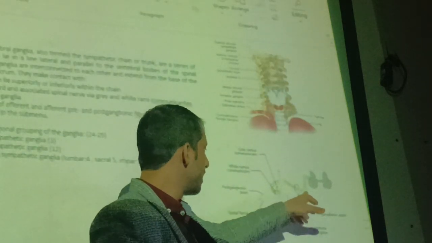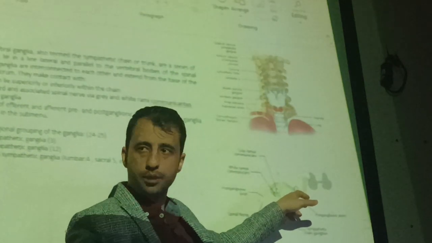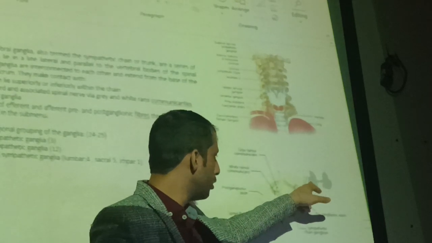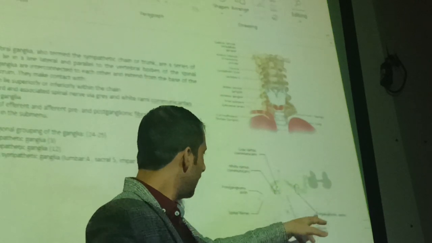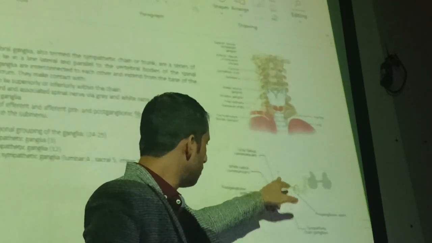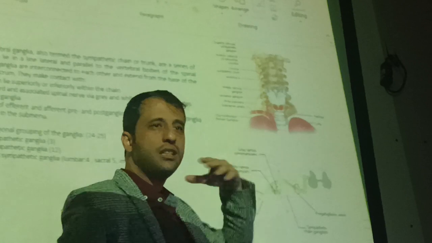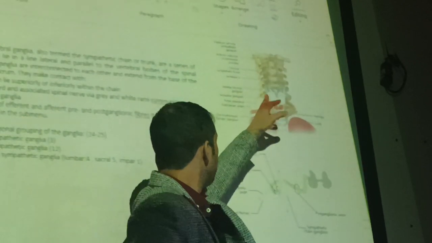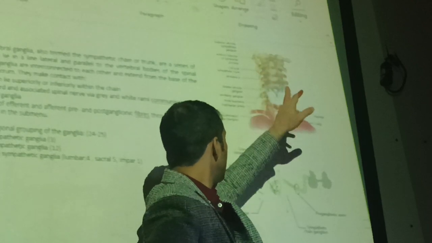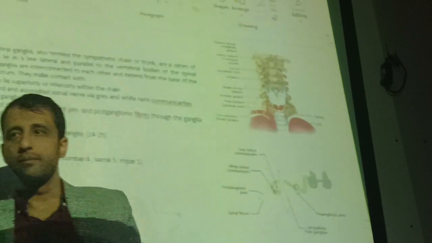Here is the presynaptic fiber. It is derived from the lateral horn at the level of T1 to L2 and inserts into the sympathetic trunk, and in the cervical area they travel superiorly to arrive at the superior, middle and inferior cervical ganglion. From these ganglia we have three types of nerves.